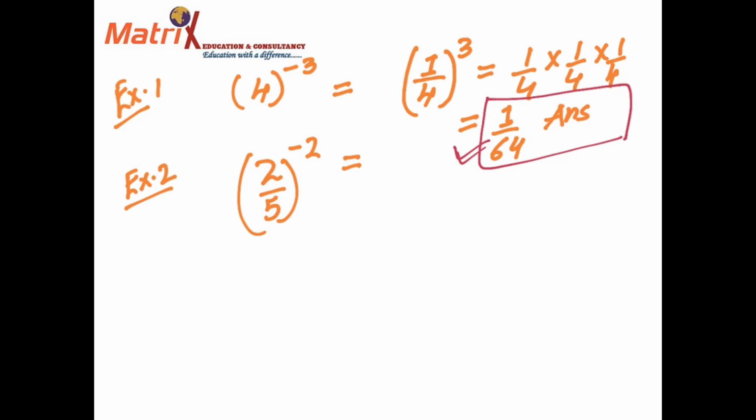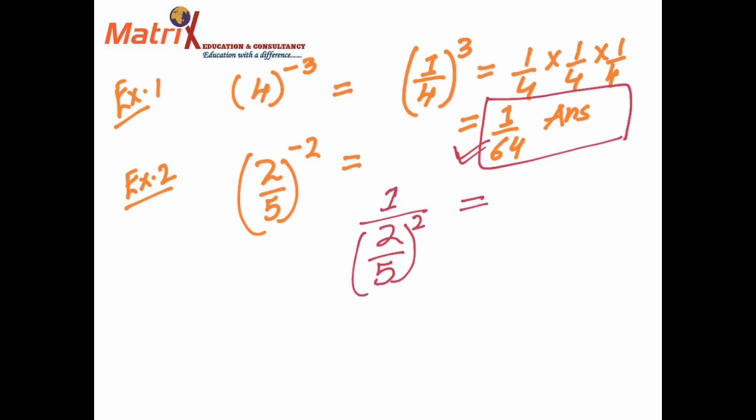I have written the example as 2 by 5 raised to the power of negative 2. Now here I'm telling you directly, we learned we can flip it into the reciprocal, but as I said it becomes a fraction. So we write this as 1 over 2 by 5 raised to the power of 2.